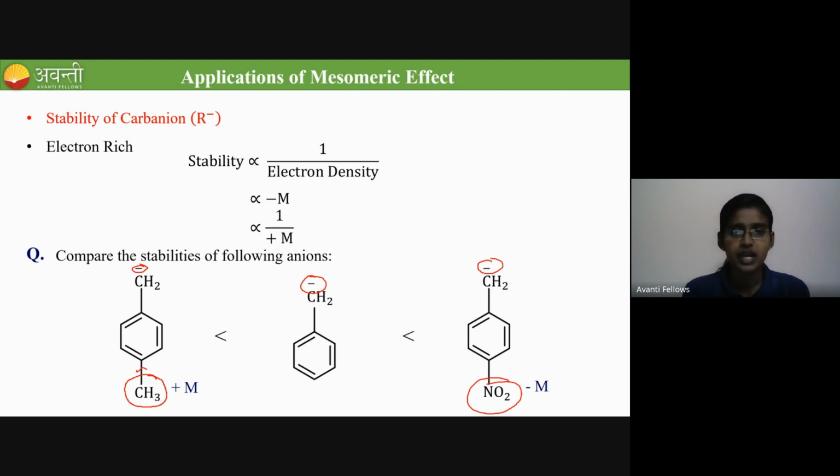So the minus M group is directly proportional to stability, but the plus M groups are inversely proportional to stability. So if you are having a plus M group in your compound, then it is the least stable. Got it? The one which has the electron withdrawing group is more stable. Only in case of carbanion.